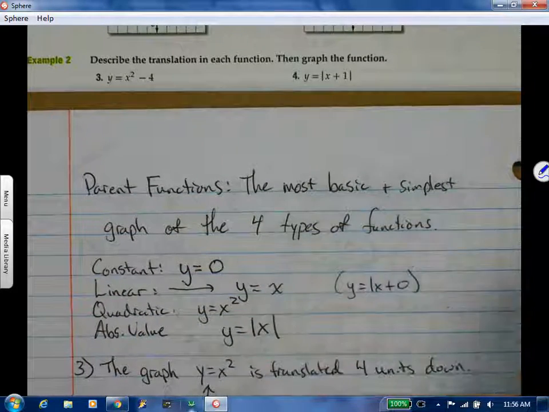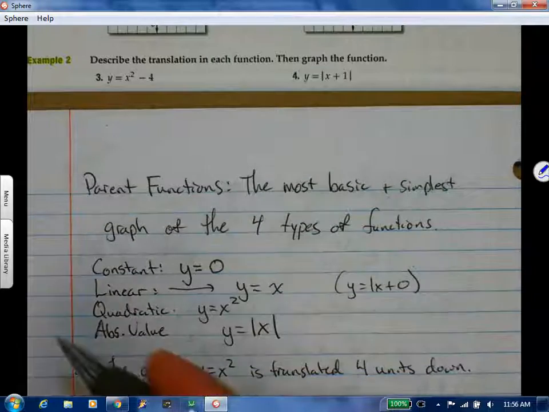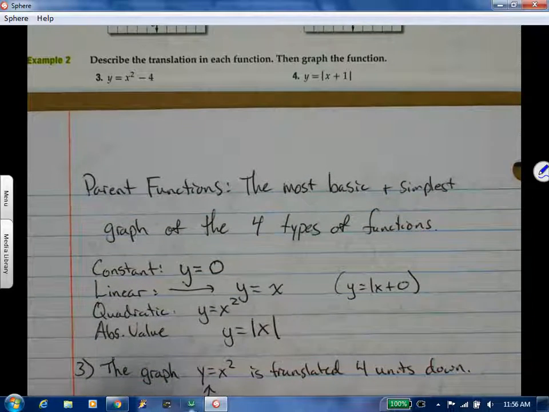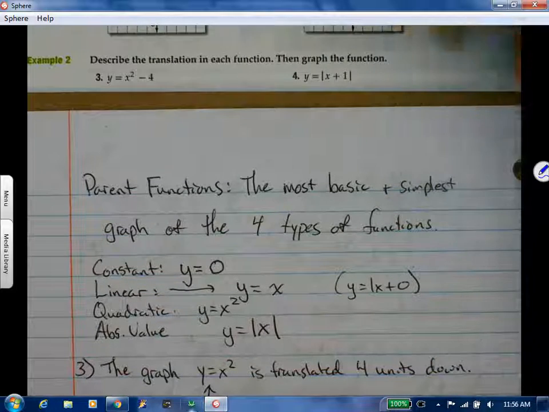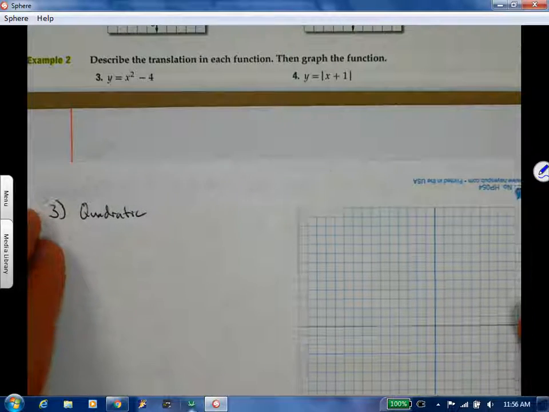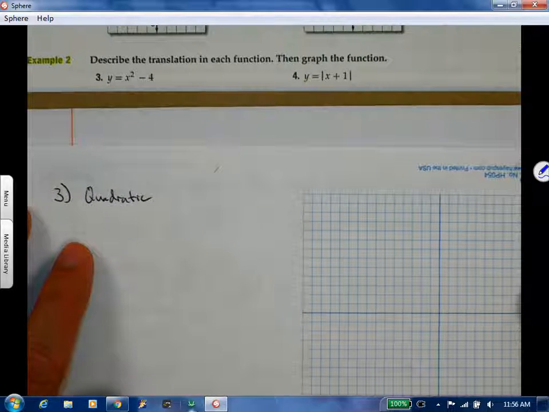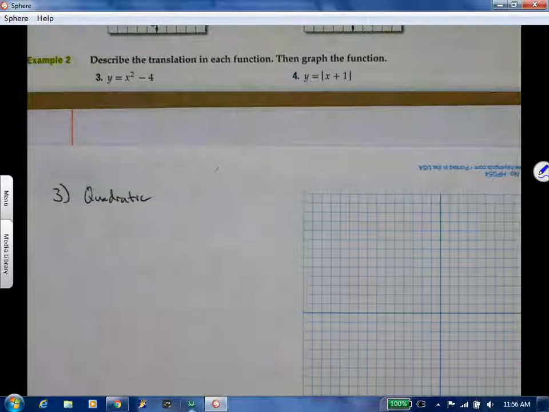So for number 3, I'm going to say, okay, I have a quadratic. Is this minus 4, does the minus 4, is that inside or outside? Don't answer yet. Let everyone think about it.